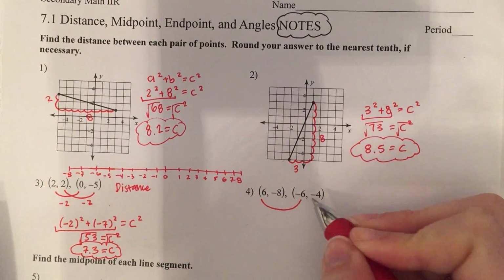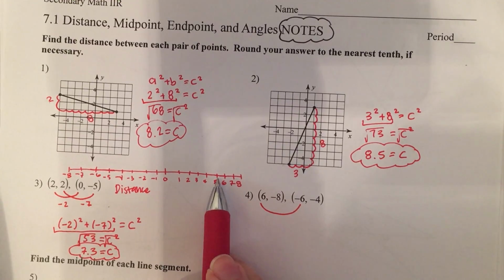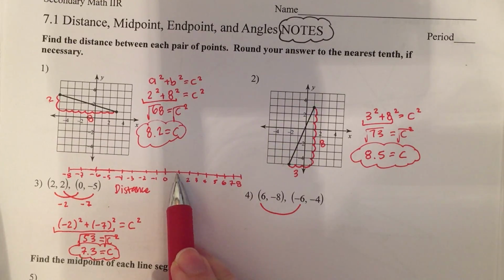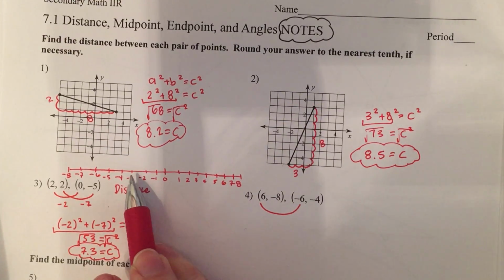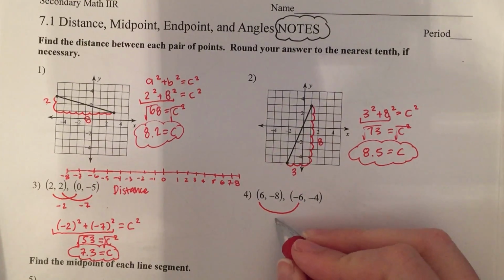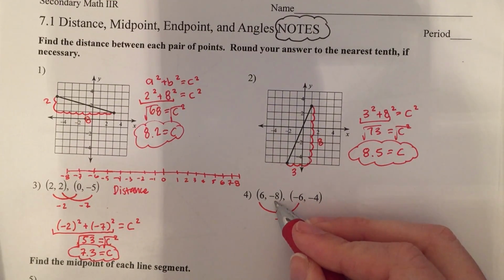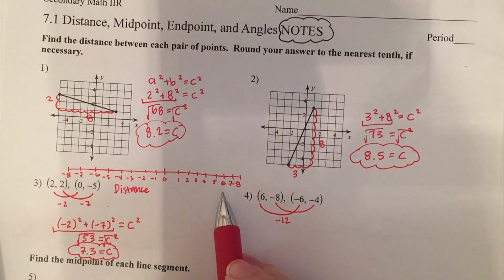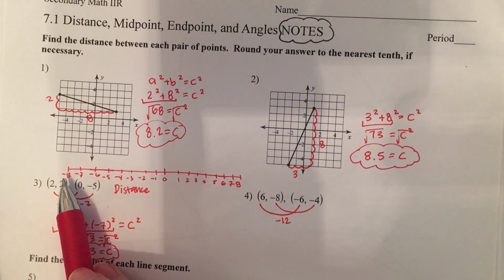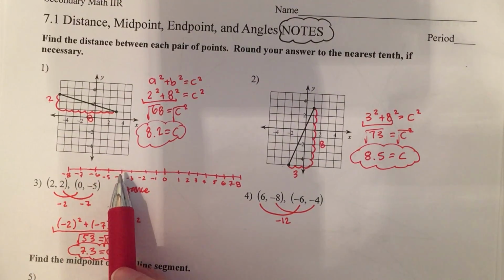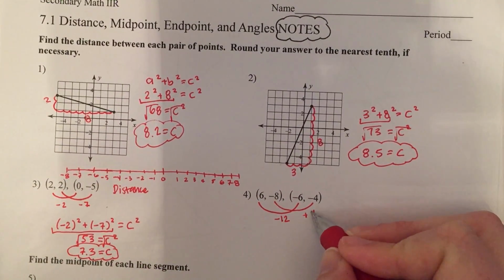6 to negative 6, I have to go left 1, 2, 3, 4, 5, 6, 7, 8, 9, 10, 11, 12, so I have to go left 12. Negative 8 to negative 4 is 1, 2, 3, 4 up. That means it's a positive 4.